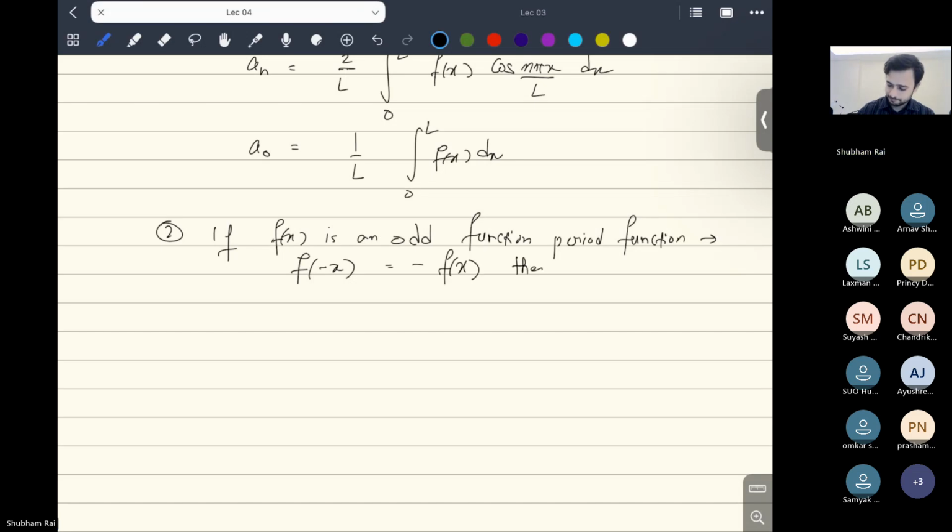Then the Fourier series reduces to the Fourier sine series.